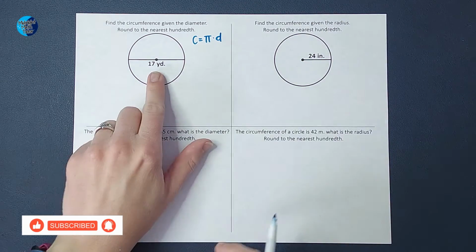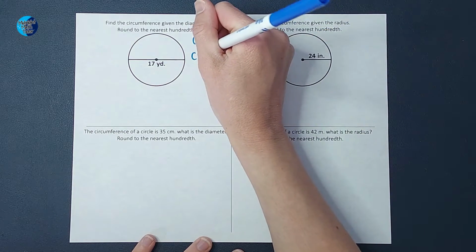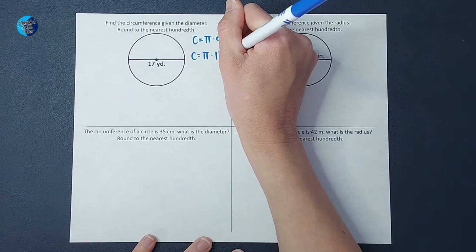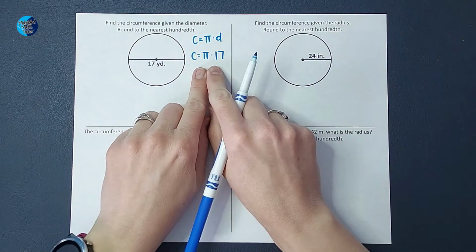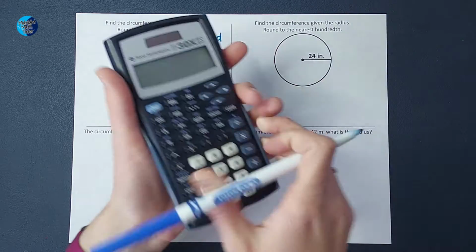Okay, so look, I have my diameter. So my circumference is equal to pi times my diameter, which is 17. Now here is where some teachers may differ. Some teachers may say use the pi button on your calculator.